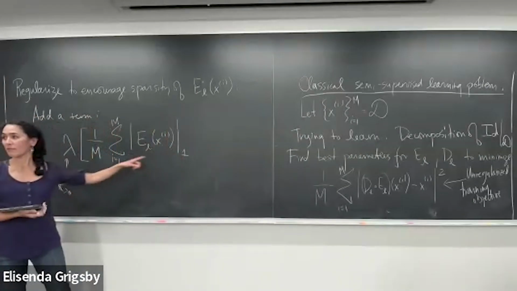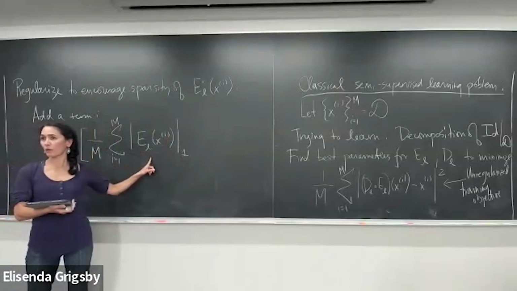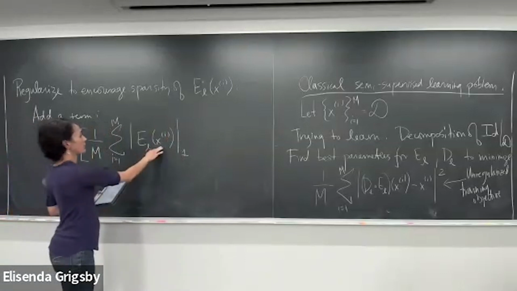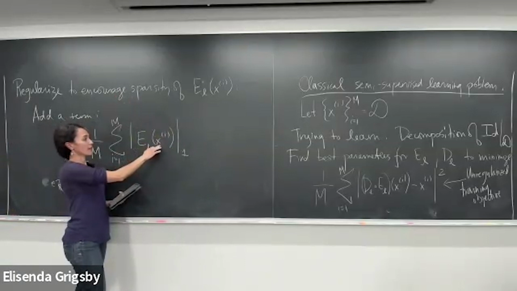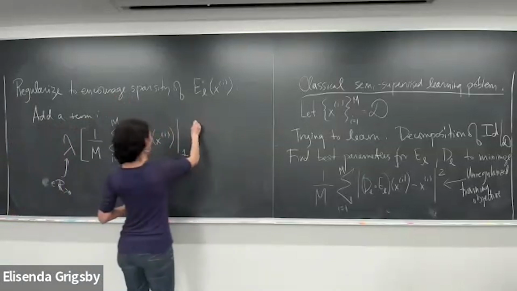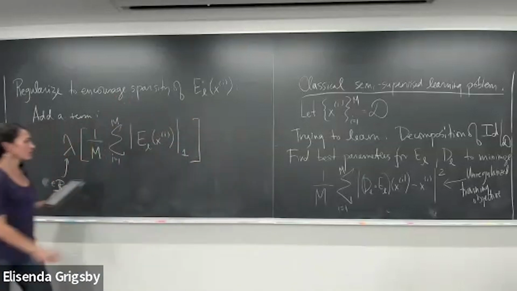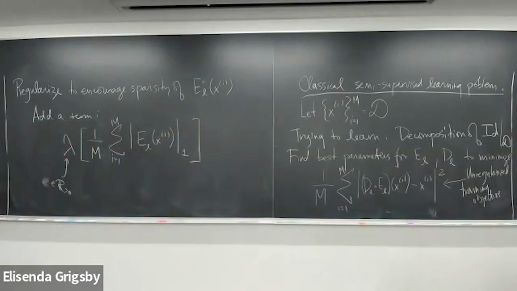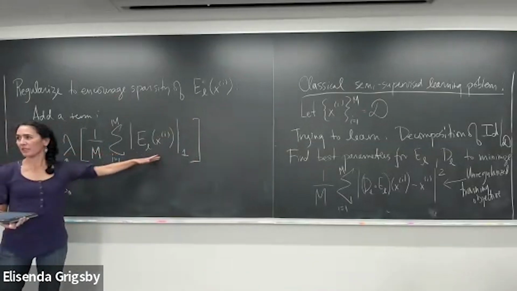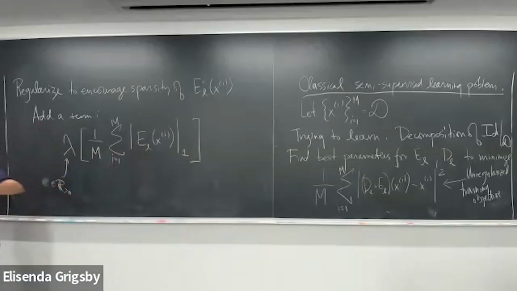This is the sum of the absolute values, the L1 norm of the lift of xi. Okay, and as you tune this up, the optimization problem encourages sparsity more. Tune it down and it encourages it less. That's the idea.